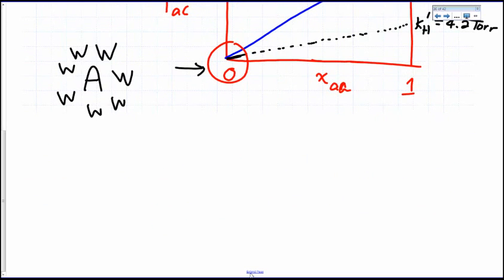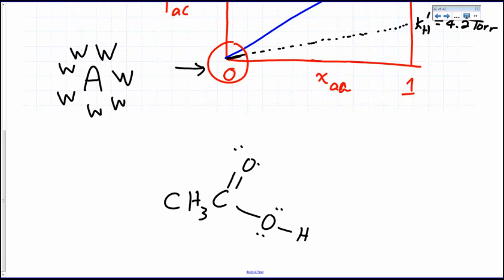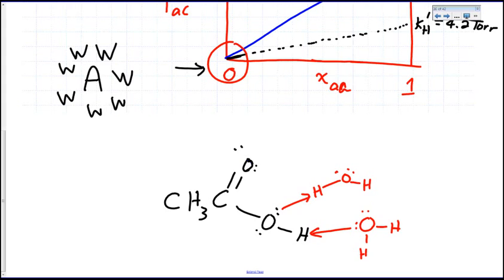And you can explain that using the structure of acetic acid. So you can have hydrogen bonding interaction between this hydrogen and a lone pair on the oxygen atom of a neighboring water molecule. This oxygen lone pair here can interact with a hydrogen atom on a neighboring water molecule.